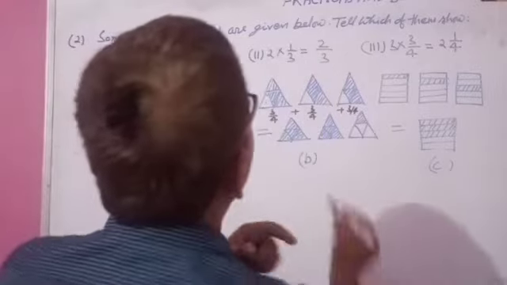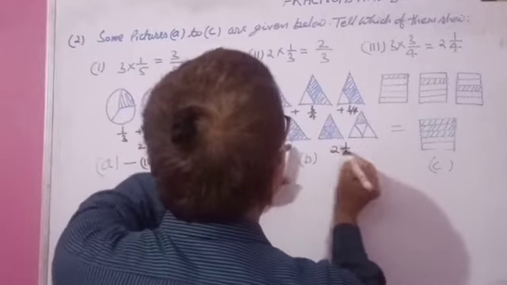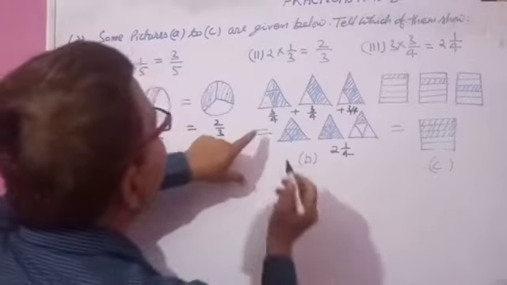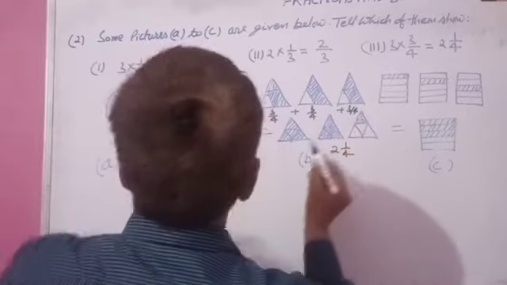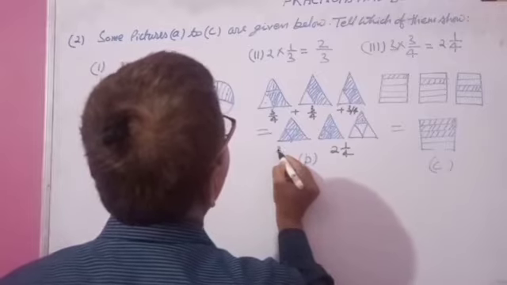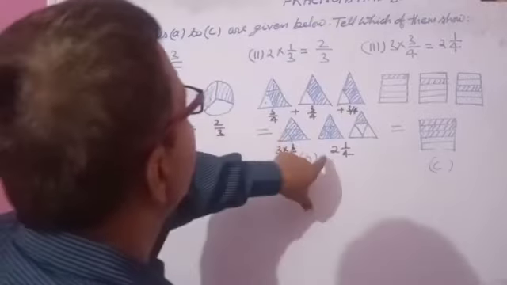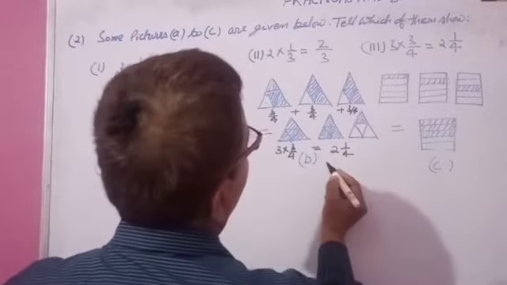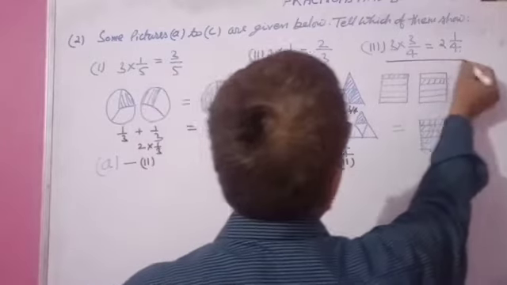And you are seeing 2 wholes, and 1 upon 4. 3 upon 4 plus 3 upon 4 plus 3 upon 4 means 3 multiplied by 3 upon 4, that is 2 whole 1 upon 4. This is the B part.